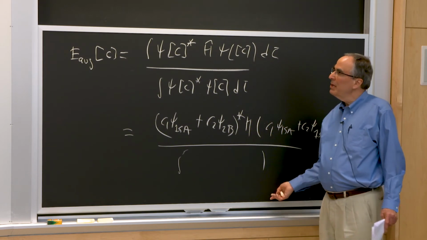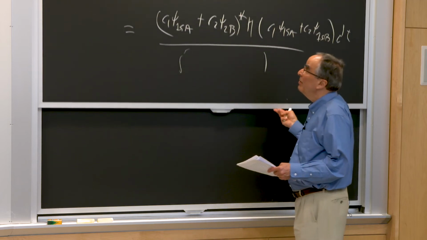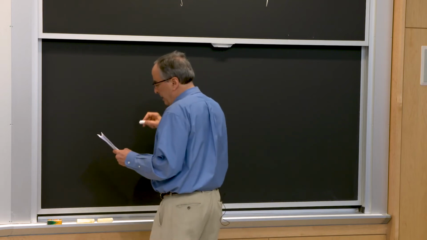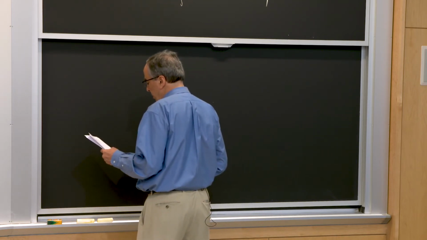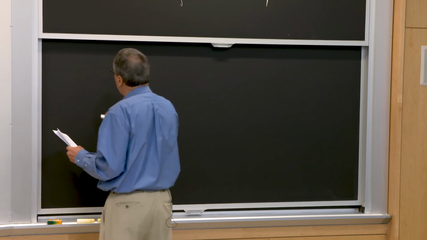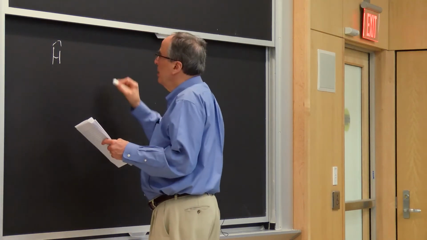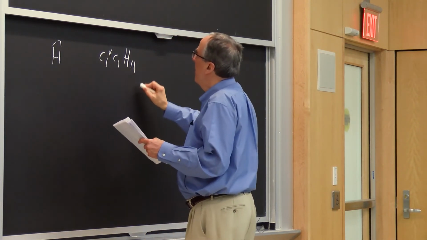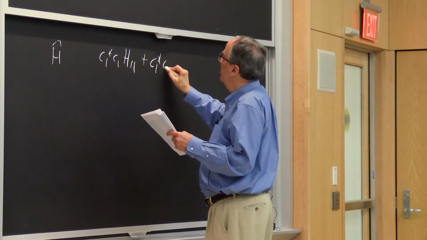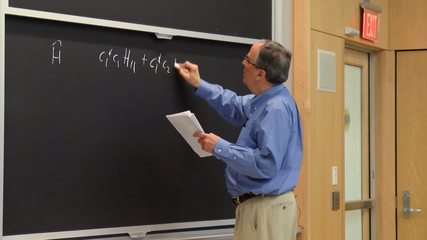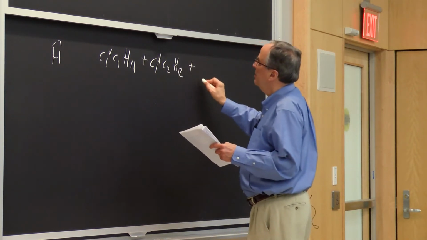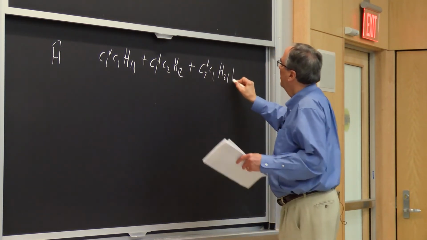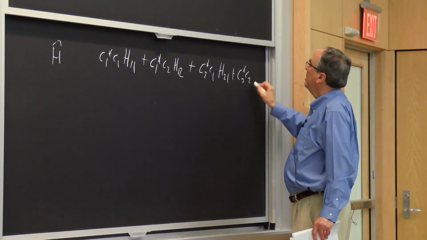Okay? And so we can now slavishly write down all of the terms that result, and what we get from the Hamiltonian matrix element, so for H, is C1 star C1 H11 plus C1 star C2 H12 plus C2 star C1 H21 plus C2 star C2 H22.